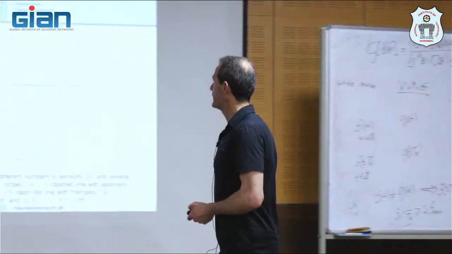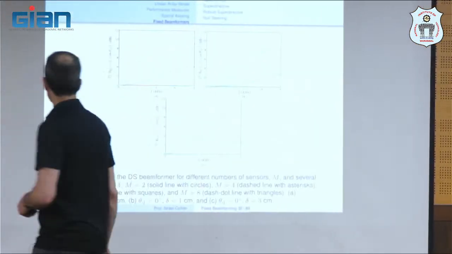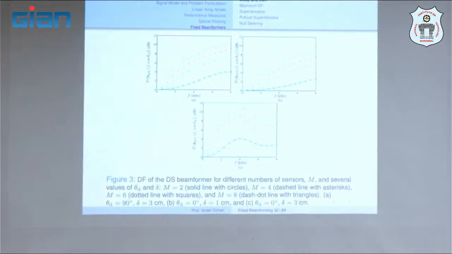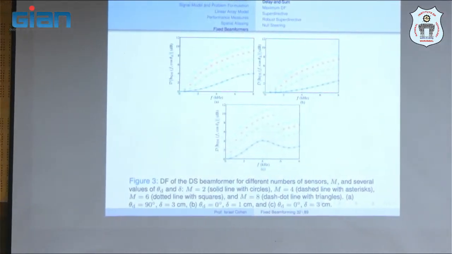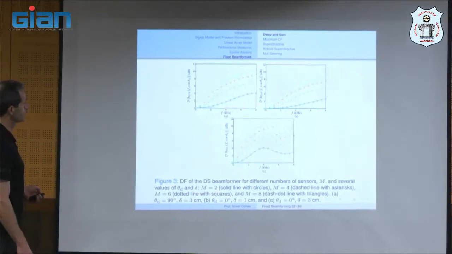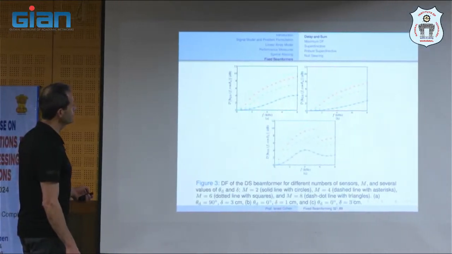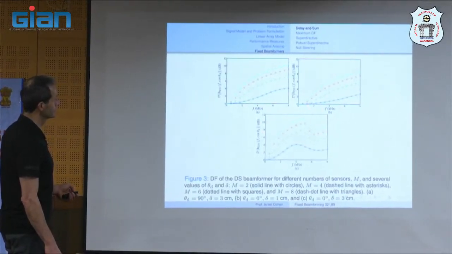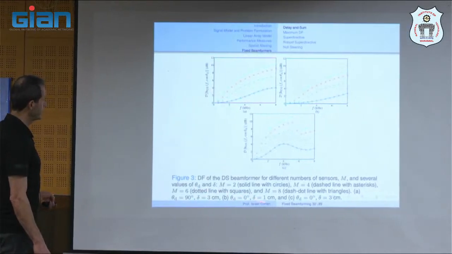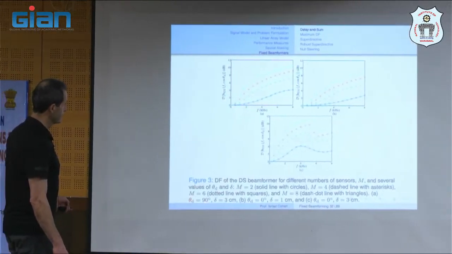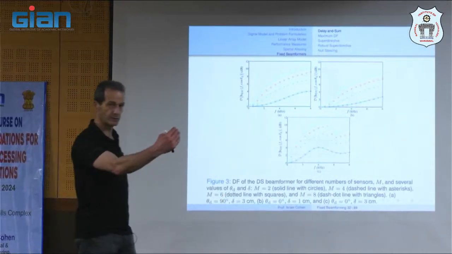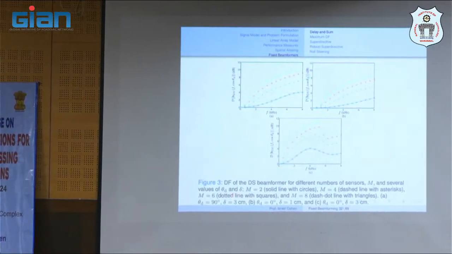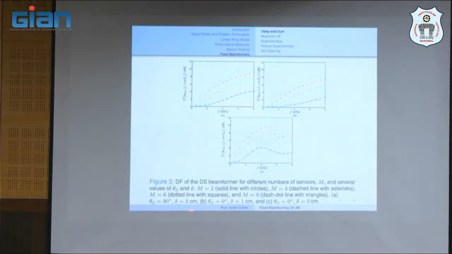What happens to the directivity factor? Using the delay-and-sum, we see it for 2, 4, 6, and 8 sensors as a function of frequency for 3 different cases. In the first case, theta d is 90 degrees, which means the desired source comes from broadside, and the distance between the sensors is 3 centimeters.